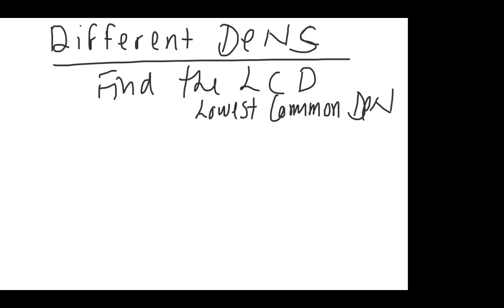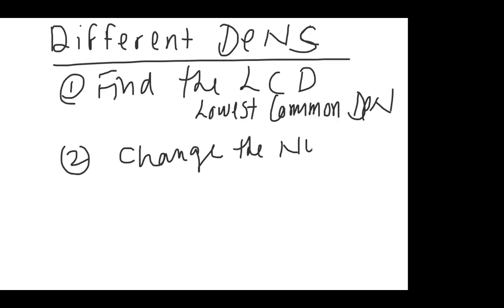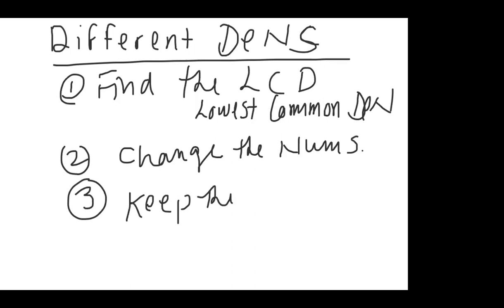Now, once you find the LCD, you got to go back and change the numerators. And then number 3, once you change your numerators, you're going to keep the new denominator, and then add or subtract the numerators.